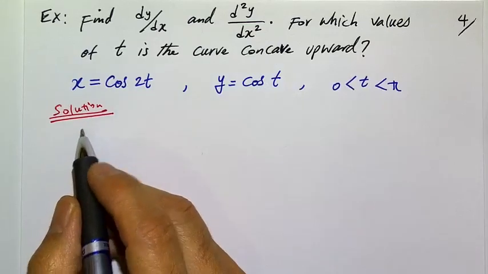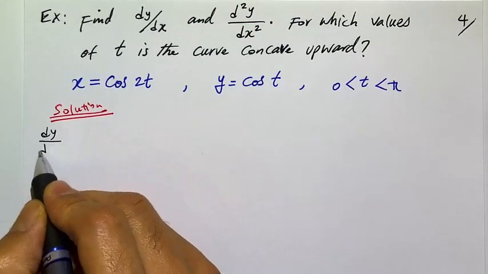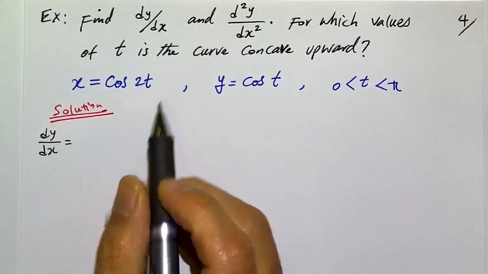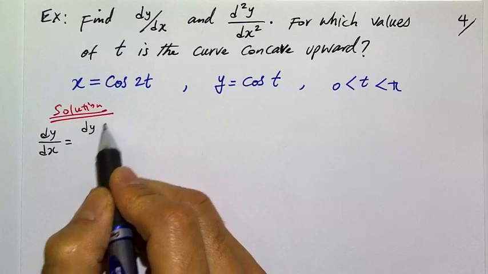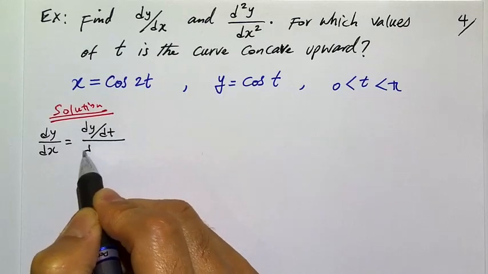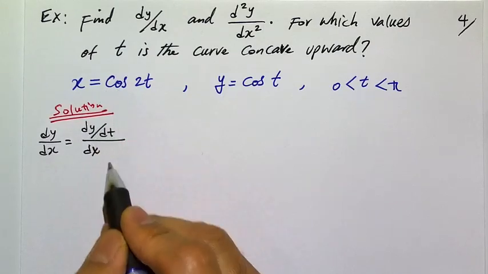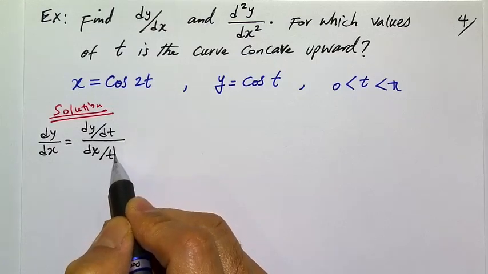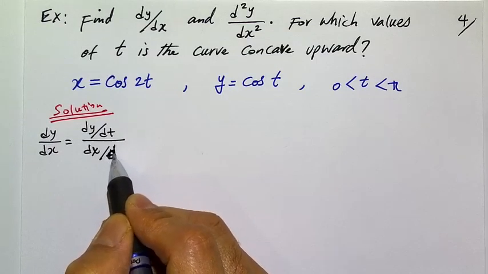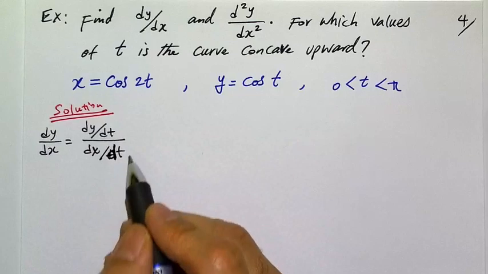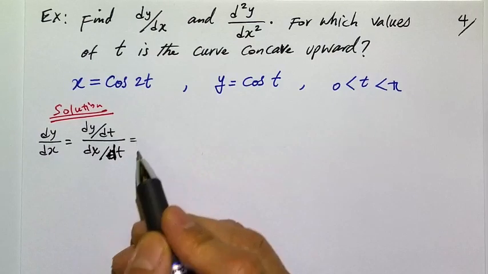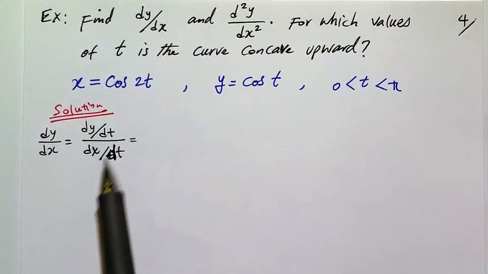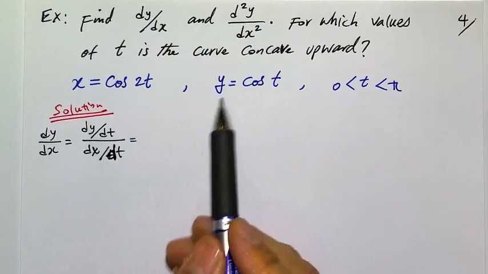All right, so again, we start with finding dy dx, which is the derivative of y with respect to t divided by the derivative of x with respect to t. And I should remember to put dt. In this case, we can directly obtain these derivatives.